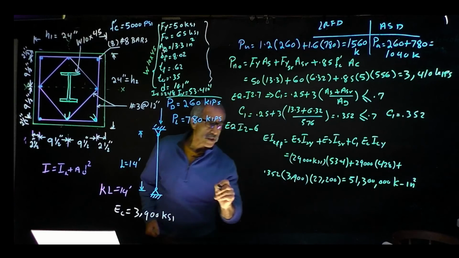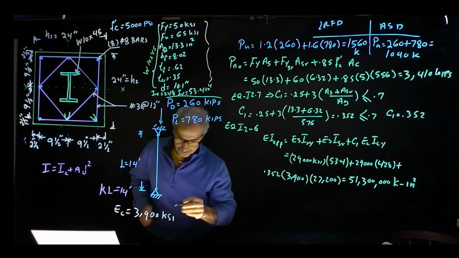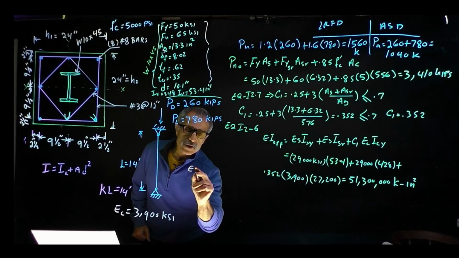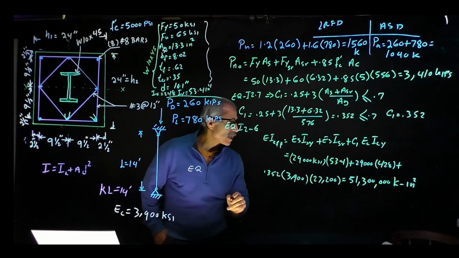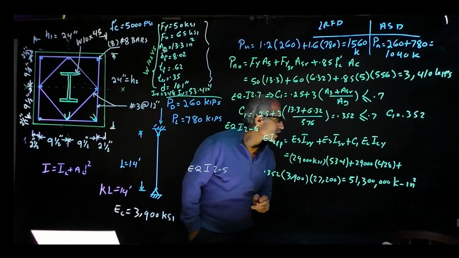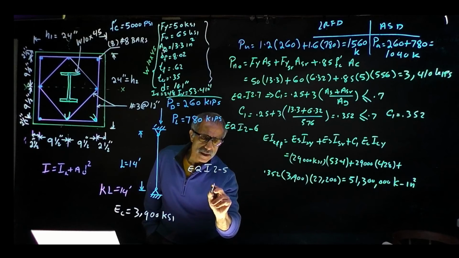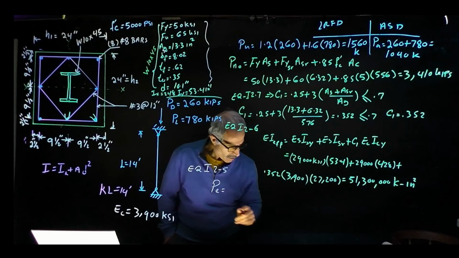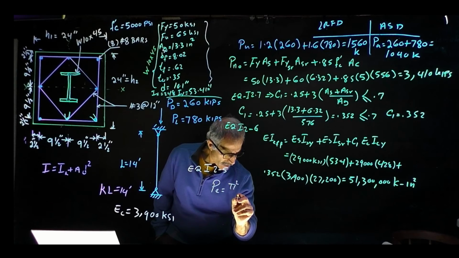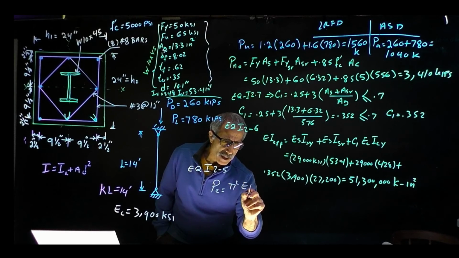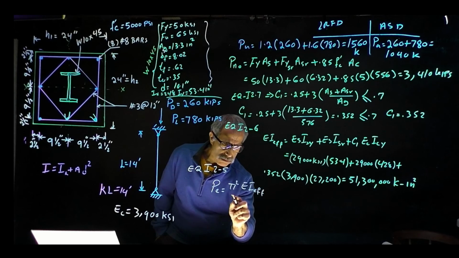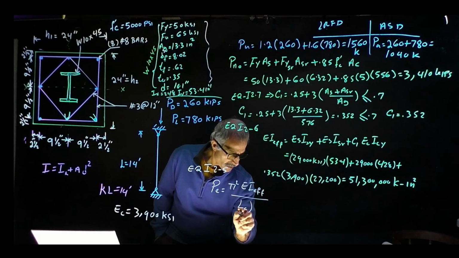Going back to equation I2-5, we're going to calculate Pe, which is equal to pi square times EI effective divided by Lc square.